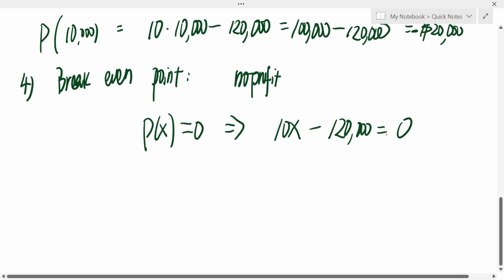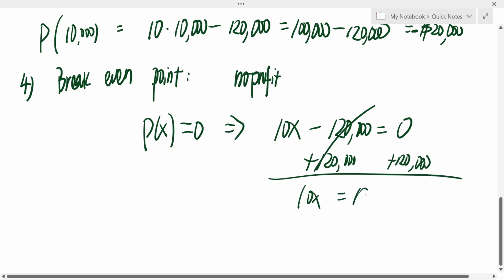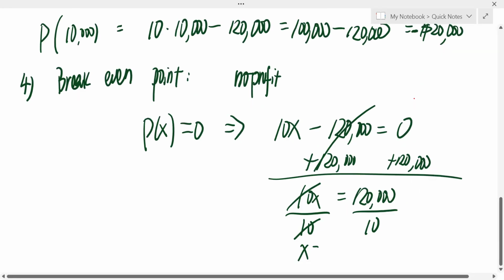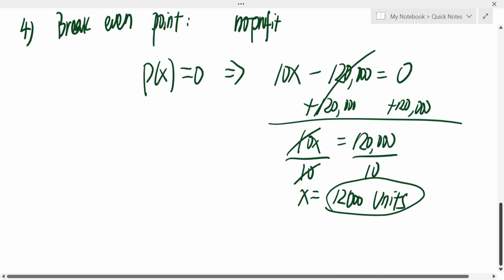We solve for x. Adding 120,000 first on both sides of the equation, so 10x equals 120,000. Now dividing 10 from both sides of the equation. So the break-even production level is 12,000 units need to be produced and sold to break even.